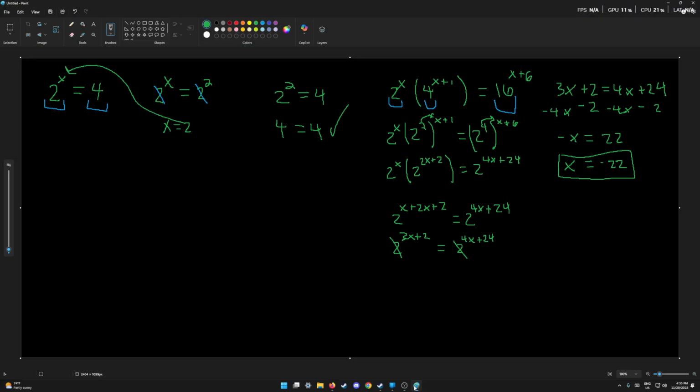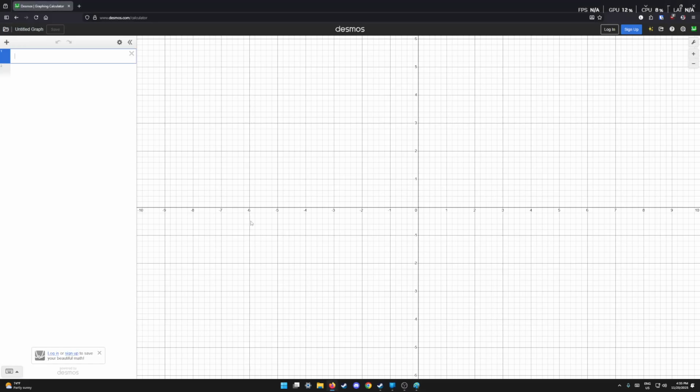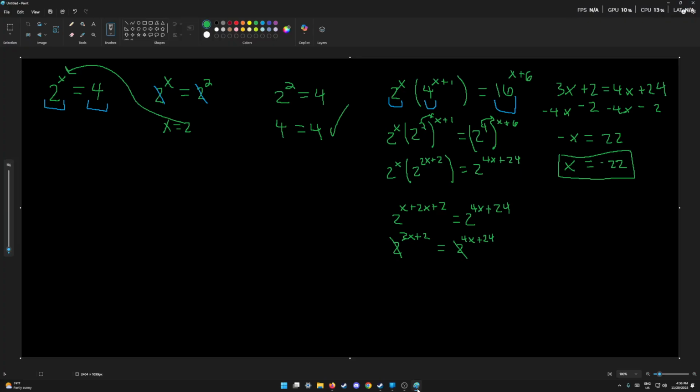Okay, so our original was 2 to the, so it needs to be 2 to the negative 22. And that's going to be times 4 to the negative 21.